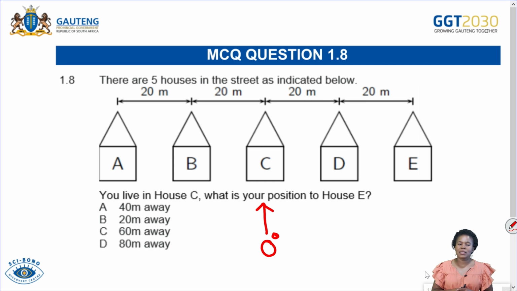C, 60 meters away? Or D, 80 meters away? What is your position to house E? 20, 40. So the correct answer is 40 meters away, because you had to consider that your reference point will have to be your house, then you start counting. So the correct answer in here is very easy. It is A. It is an obvious one.